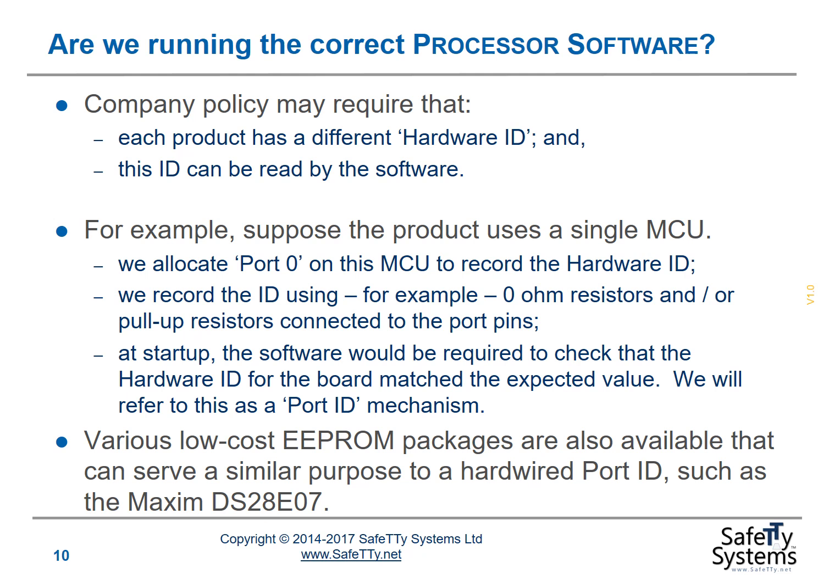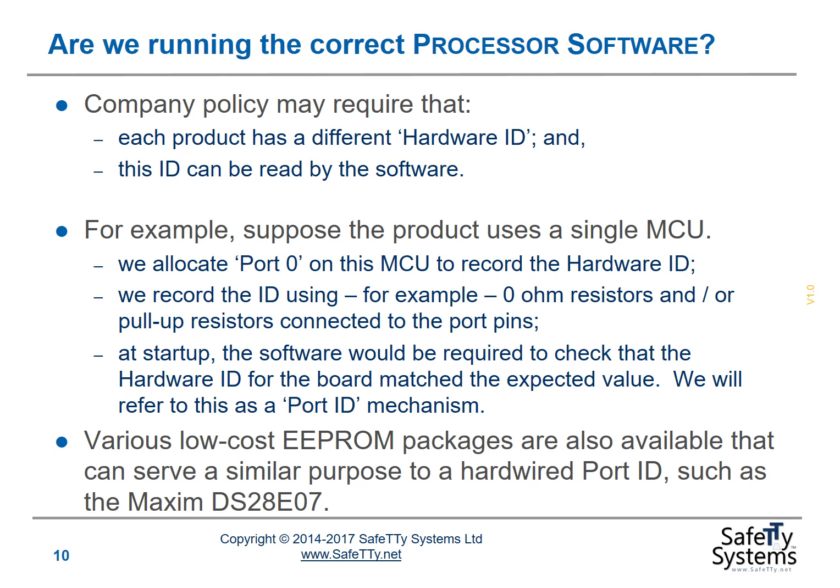So how do we determine that we are running the correct processor software on a particular system? Company policy may require that each product has a different hardware ID and that this ID can be read by software. For example, suppose the product uses a single microcontroller. We might choose to allocate port 0 or whatever on this microcontroller to record the hardware ID.